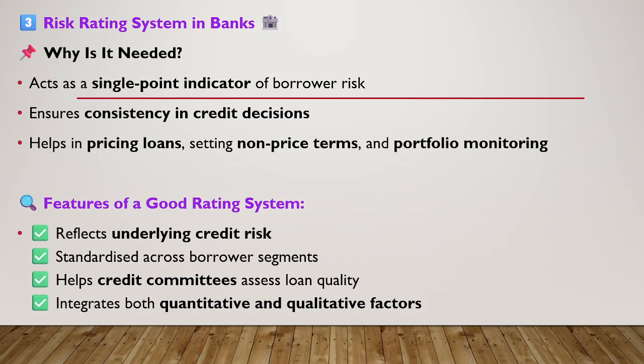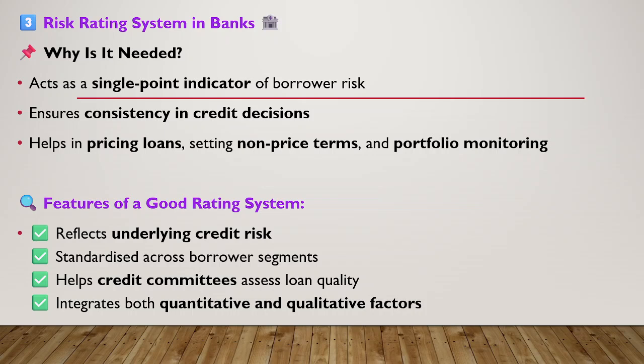They ensure consistency in credit decisions, help with pricing and loan structuring, and enable portfolio monitoring. What makes a good risk rating system? A sound internal rating system has the following qualities. It reflects underlying credit risk clearly. It is standardized across segments like corporates, MSMEs, and retail. It includes both quantitative and qualitative factors.